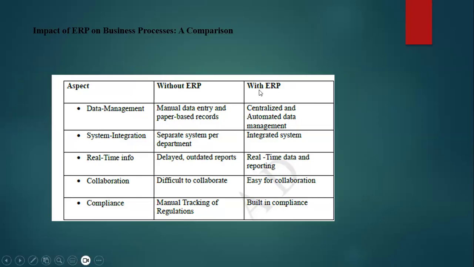But what will happen in an ERP system? There is an integrated system. All the people use only one system, so that each and every person in the various departments can see the in and out of the monetary or the material side. So it has real-time info.